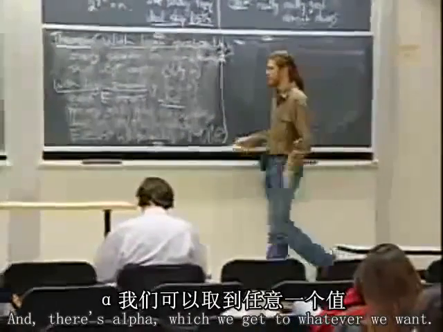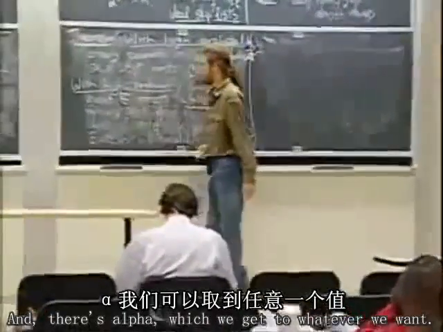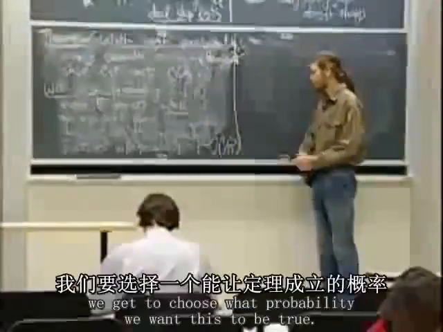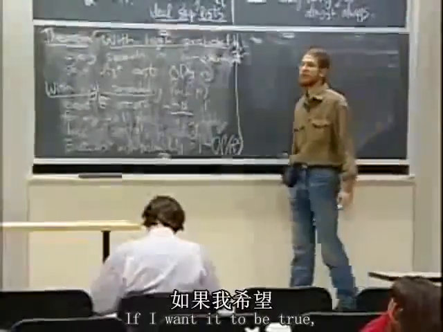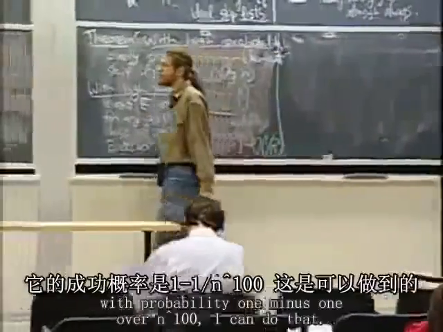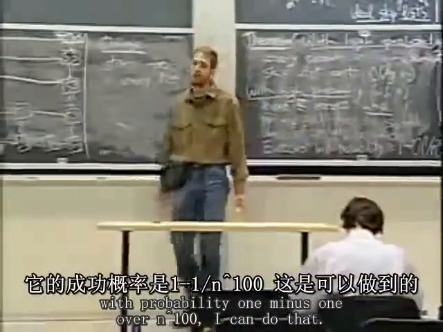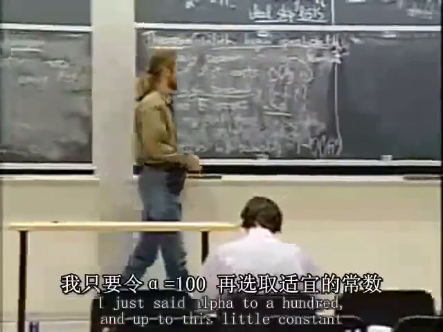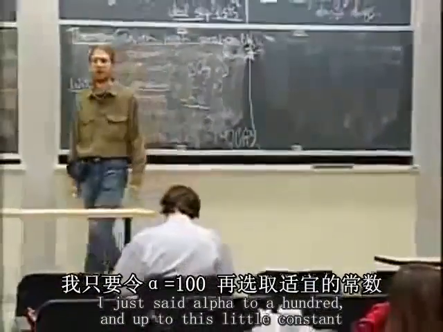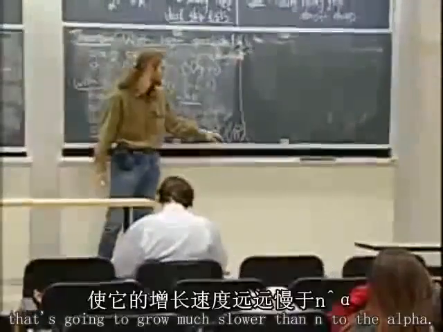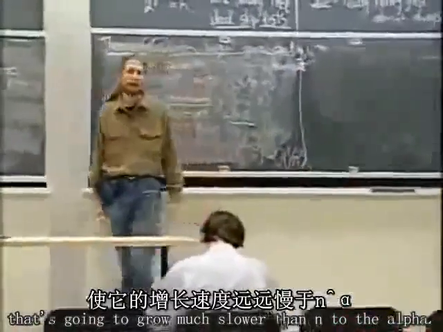And there's alpha, which we get to set to whatever we want. But the bottom line is, we get to choose what probability we want this to be true. If I want it to be true with probability 1 minus 1 over n to the 100, I can do that. I just set alpha to 100, and up to this little constant, but that's going to grow much slower than n to the alpha.